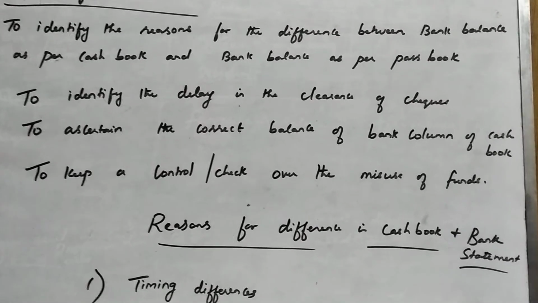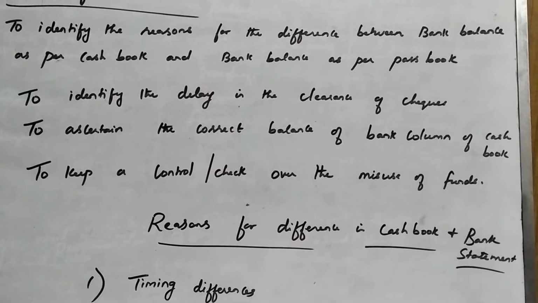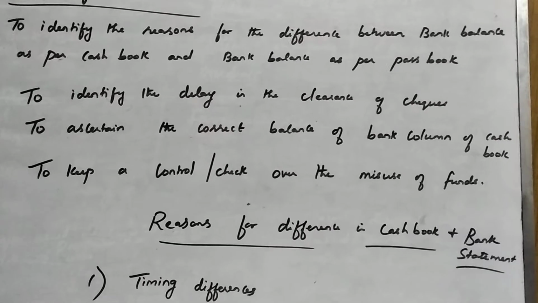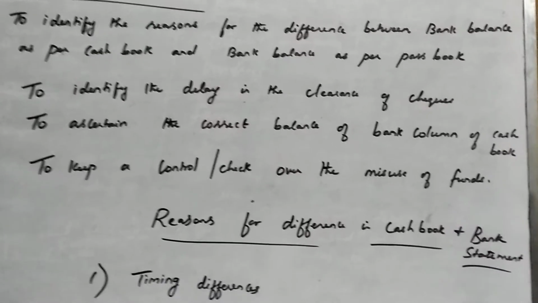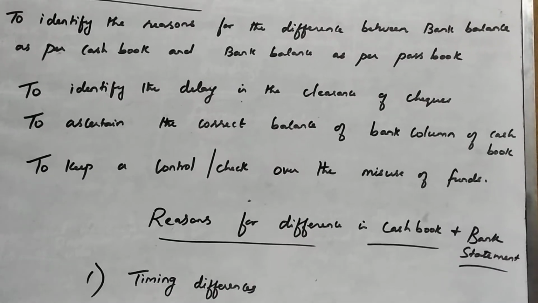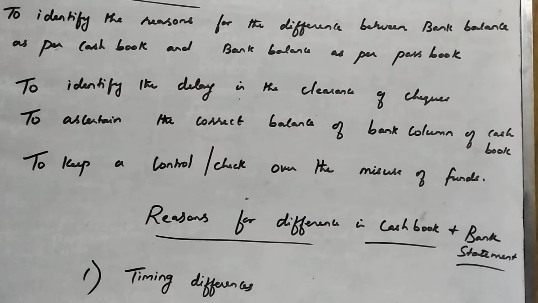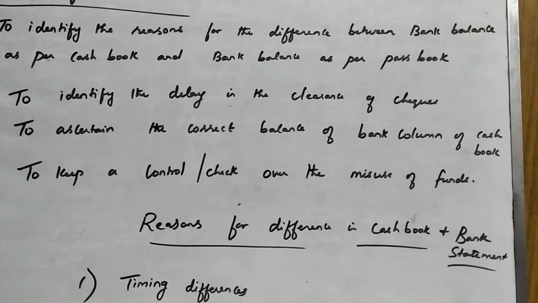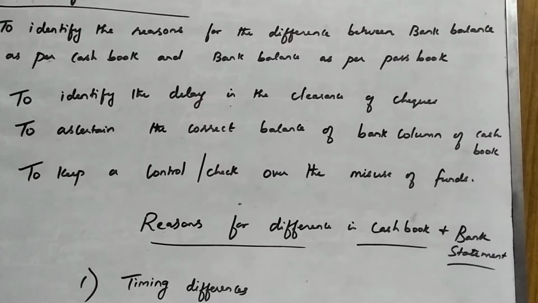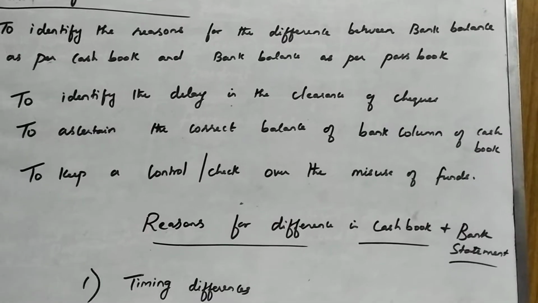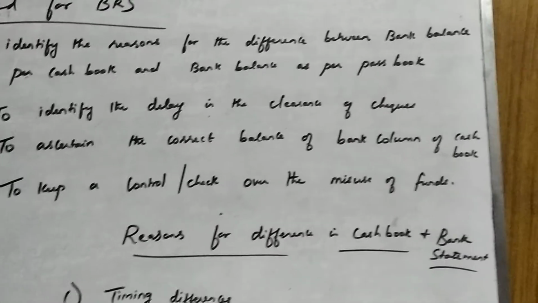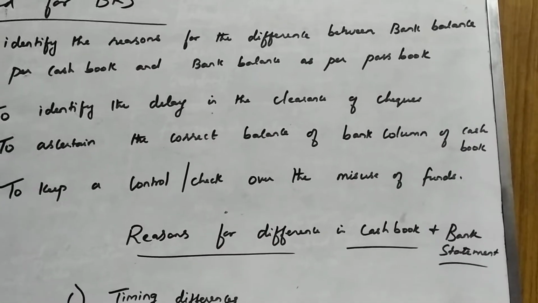In a big concern, they will have a lot of accountants who are dealing with this. Right? It is the accountant who maintains these records or the registers. So there are ample opportunities for them to misuse or misappropriate the funds. Similarly, on the other end, the bank staff.